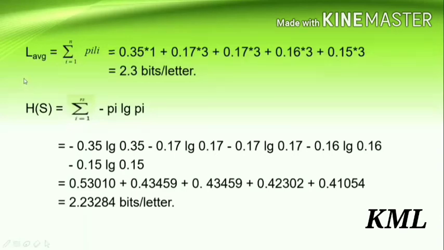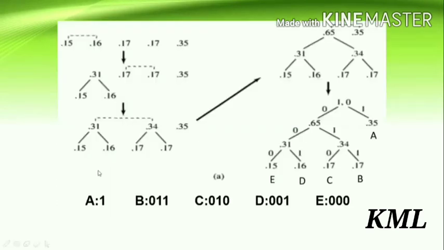So now let's compute the efficiency. So we have L average as summation i equals 1 to n p_i into L_i. So we substitute p_i and L_i values. So what do we have? 0.35 into 1. So here, for this 0.35 we have got the code word 1. So what is its length? 1, since it contains only one digit.